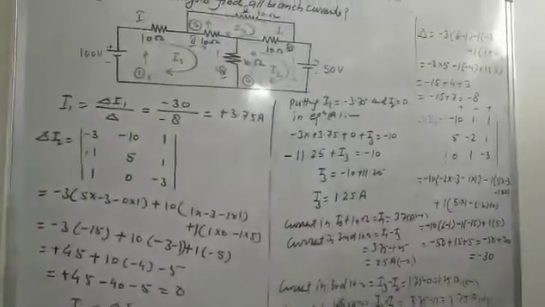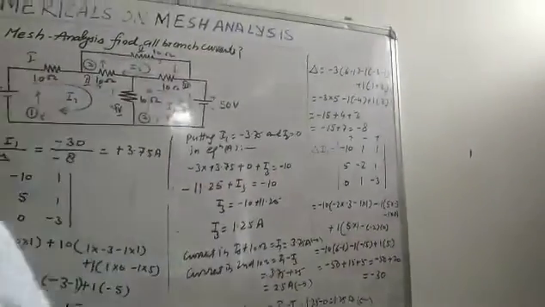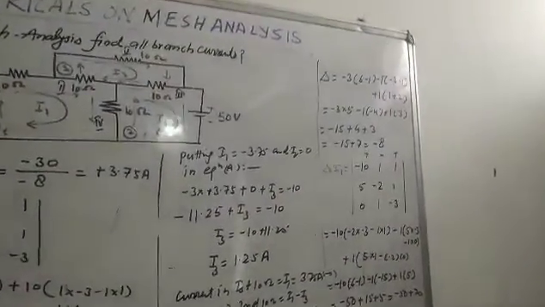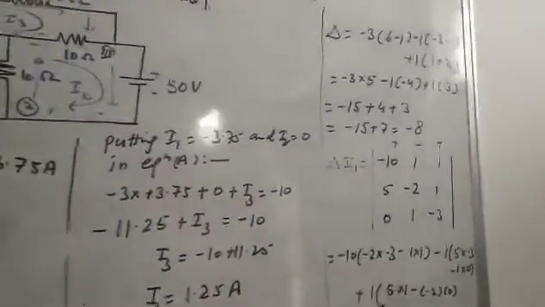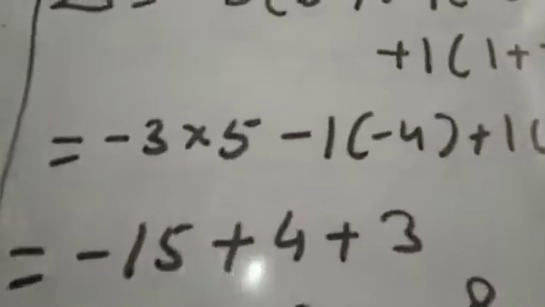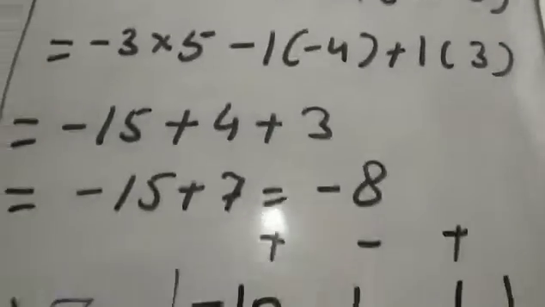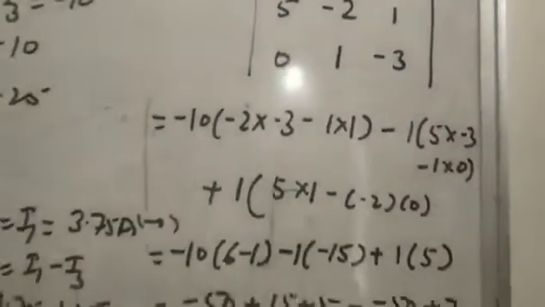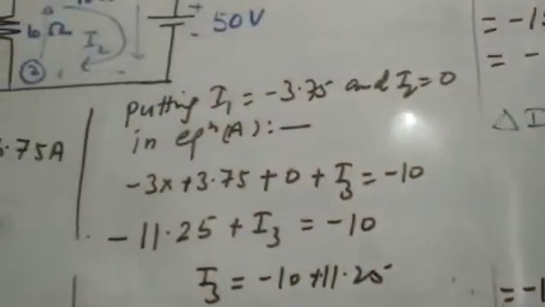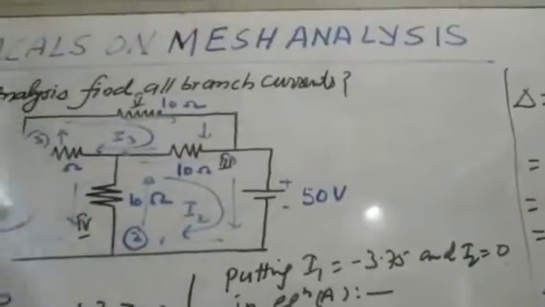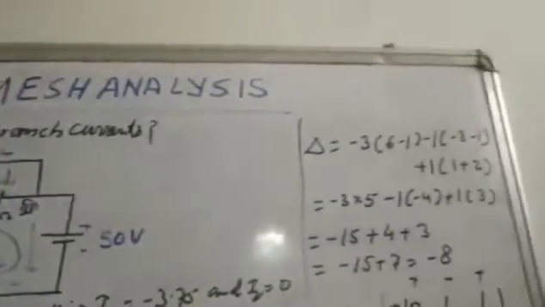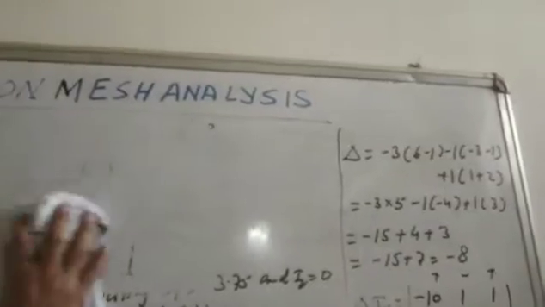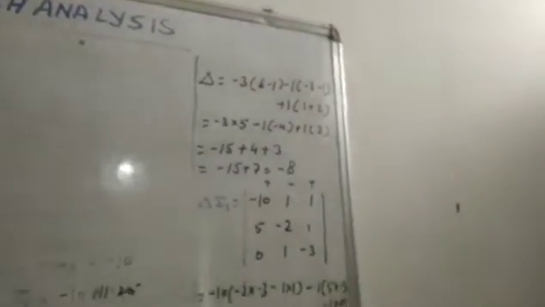Now another concept also very important in mesh analysis, in which you have to find the current. So next problem of mesh analysis. Find the current in 5 ohm branch by using mesh analysis.